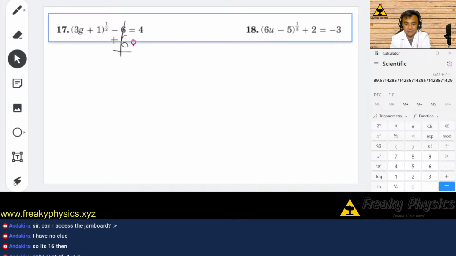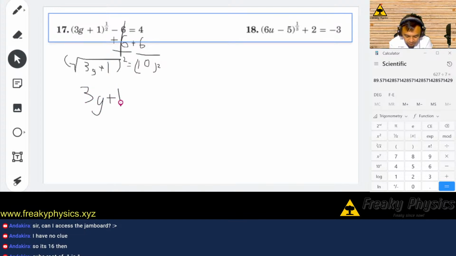Plus 6 equals 10. 3g plus 1. You multiply both sides by 2. 3g plus 1 equals 100, minus 1 equals 99.